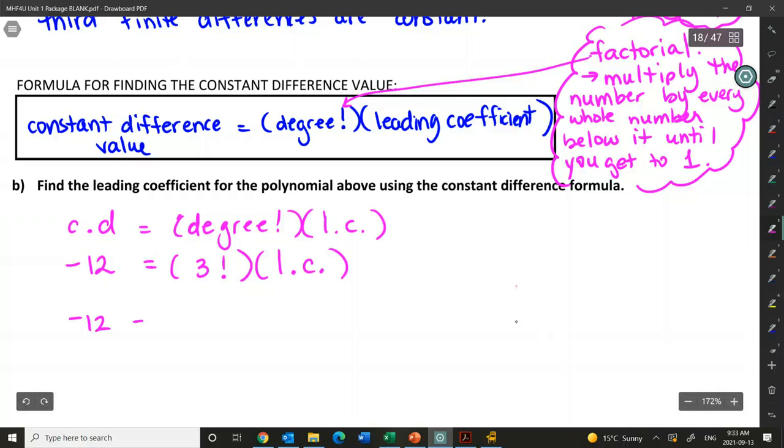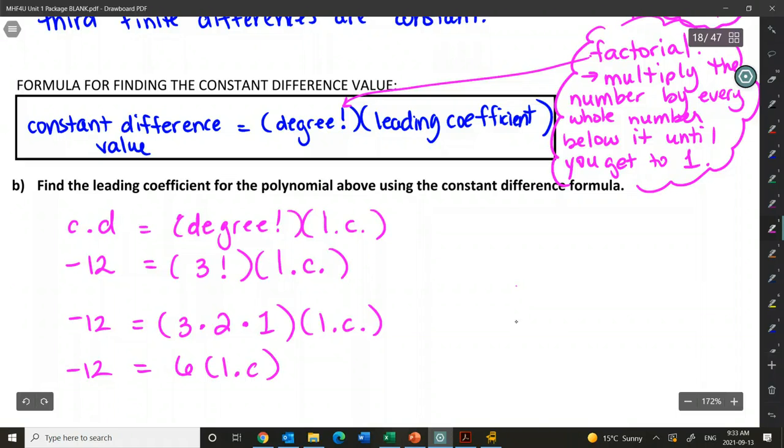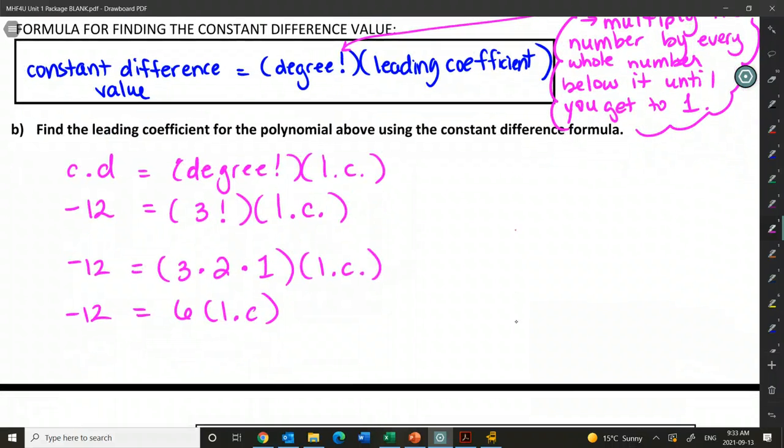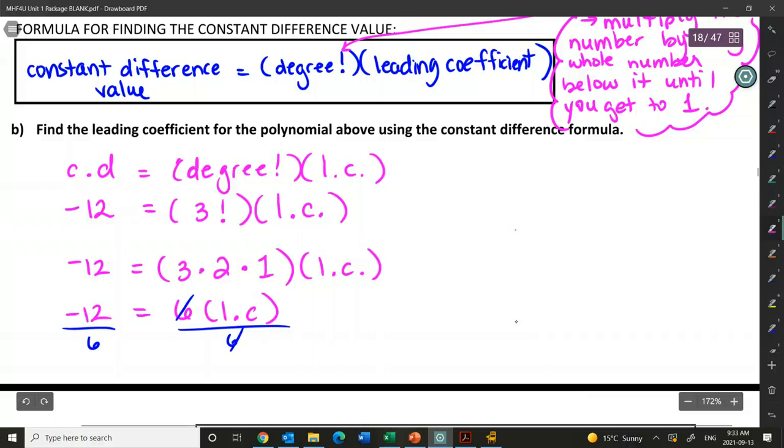Okay, so negative 12, and then 3 factorial will mean 3 times 2 times 1, which will be 6. So all I need to do to get the leading coefficient here is divide out the 6. These will cancel, and the leading coefficient will be negative 2.